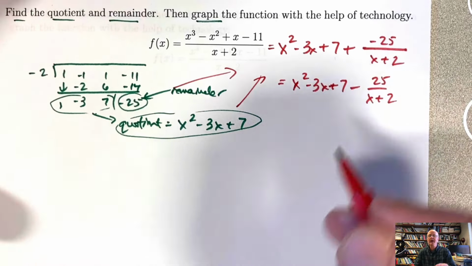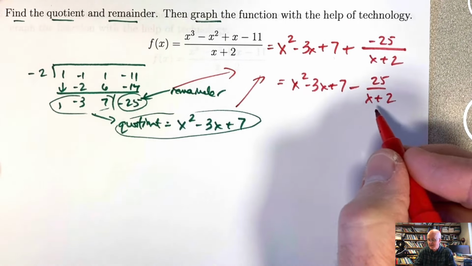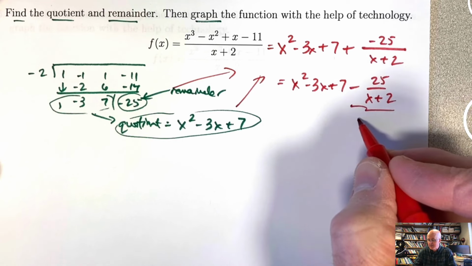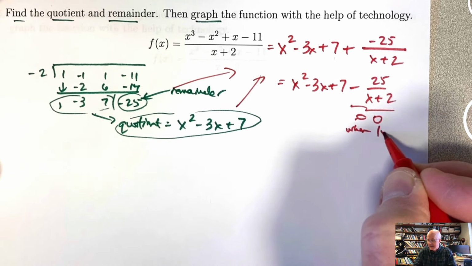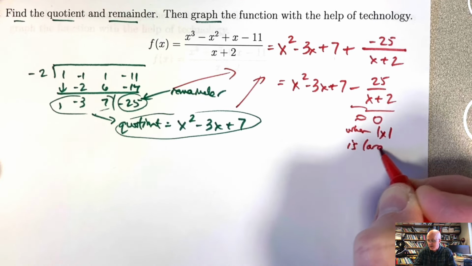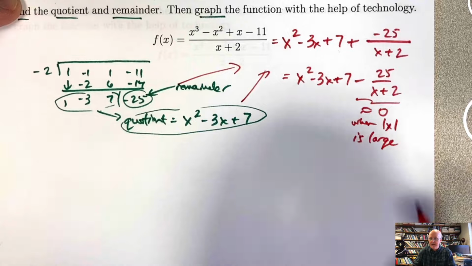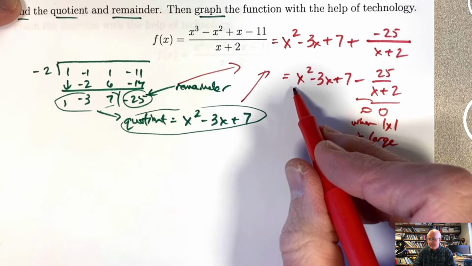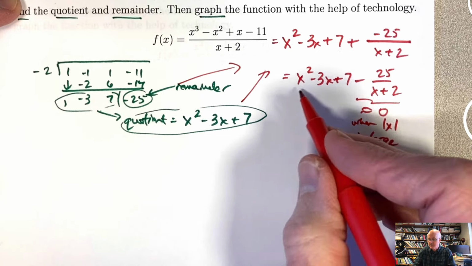In the long run, as x goes to plus or minus infinity, as x gets big, positively or negatively, this is approximately 0 when the absolute value of x is large. How large is large? Well, it depends on the situation. Usually you could say 100 is large enough. So when x is large, this function is approximately equal to the quotient part, this quadratic here.